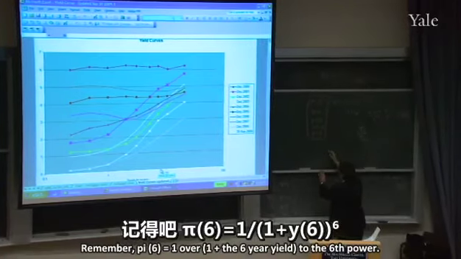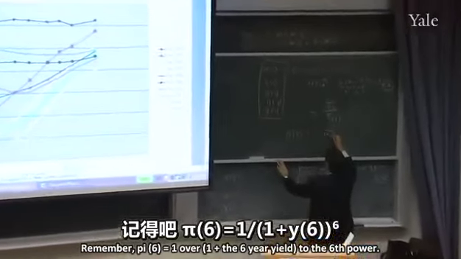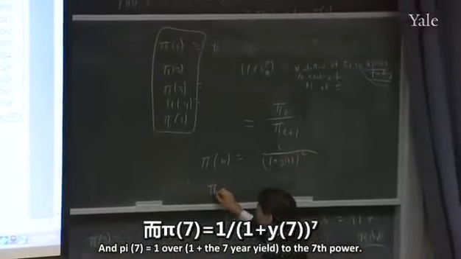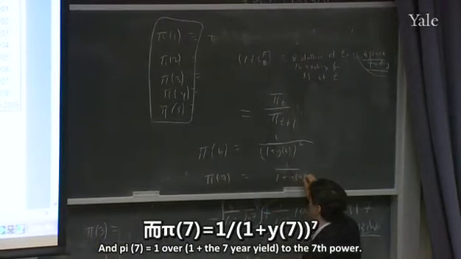So remember, pi 6 equals 1 over 1 plus the 6-year yield to the 6th power. And pi 7 equals 1 over 1 plus the 7-year yield to the 7th power.